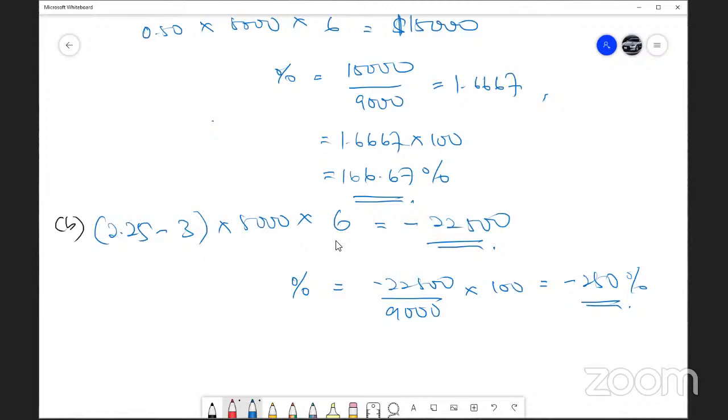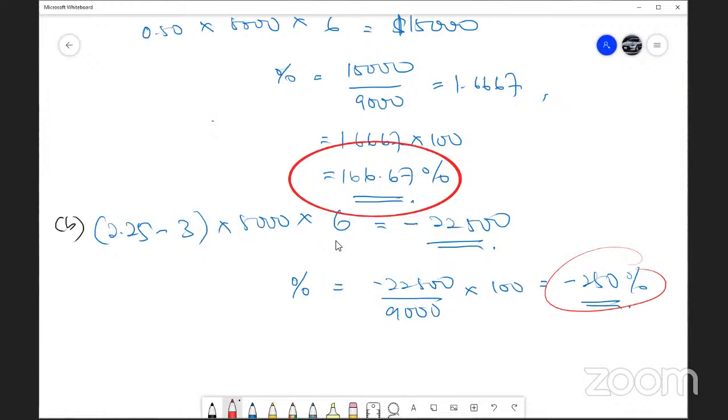Okay, so D now, they ask you to explain why the results in B and C are so different. One is only gaining 166.67%, another one is negative 250%. So a huge fluctuation of profit and losses.